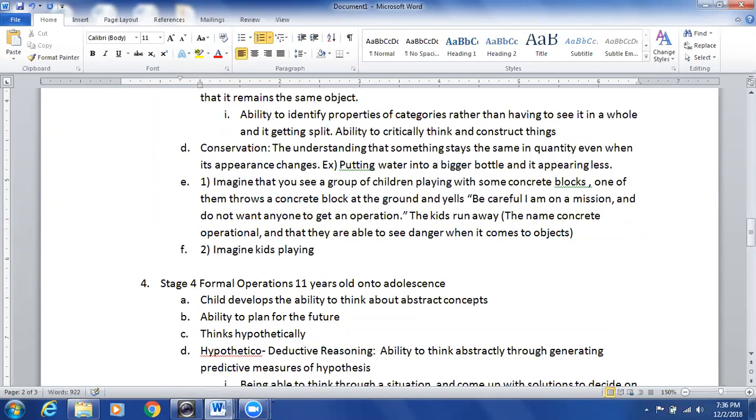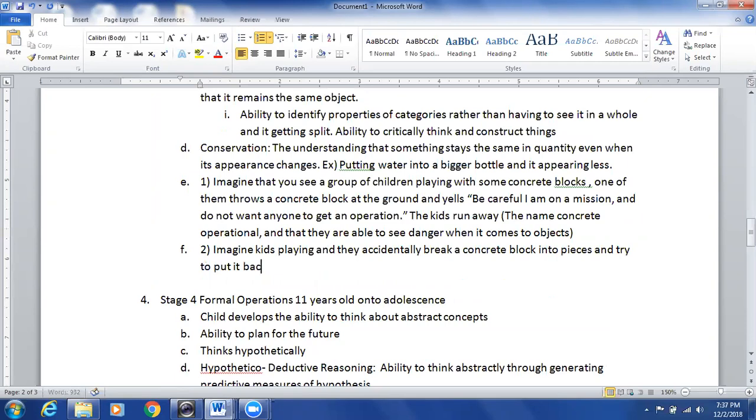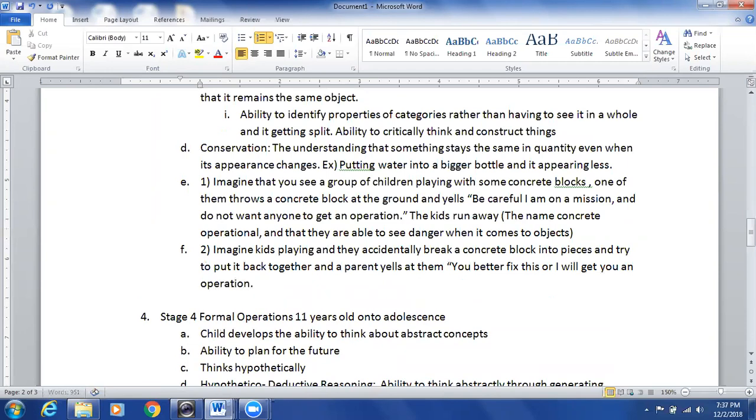imagine kids playing and they accidentally break a concrete block into pieces and try to put it back together, and a parent yells at them, "You better fix this or I will get you an operation," to bring it home that it's concrete operational.